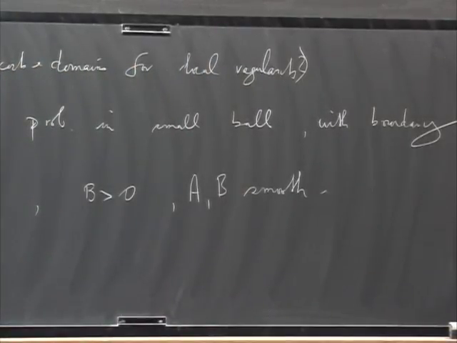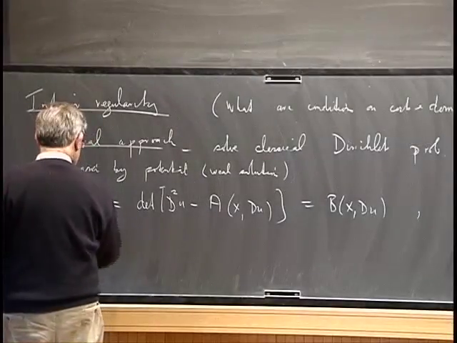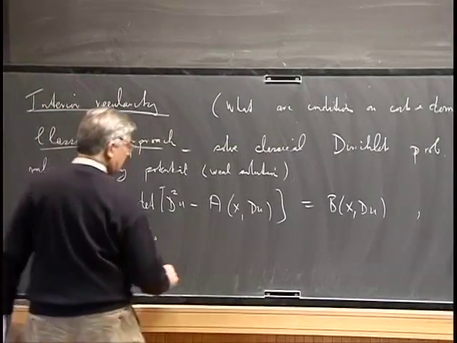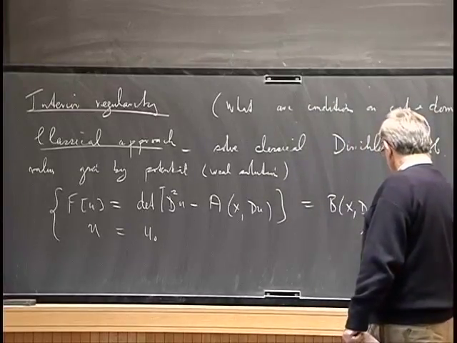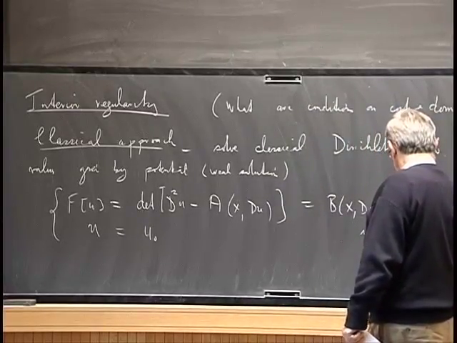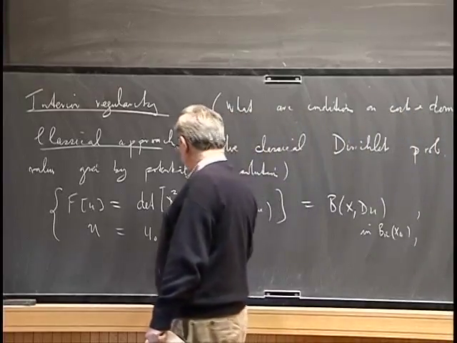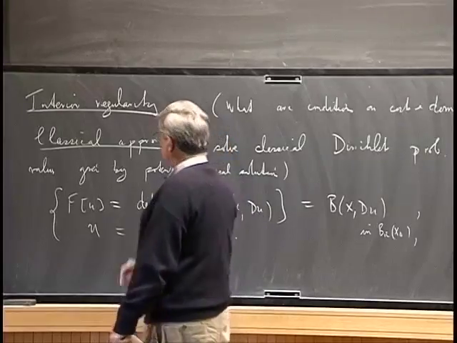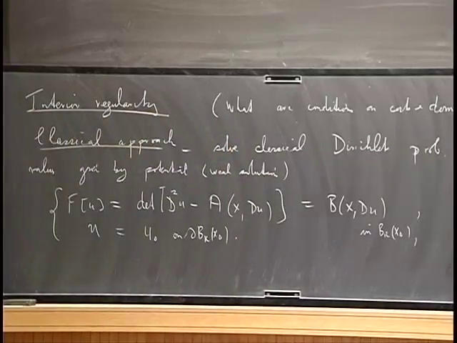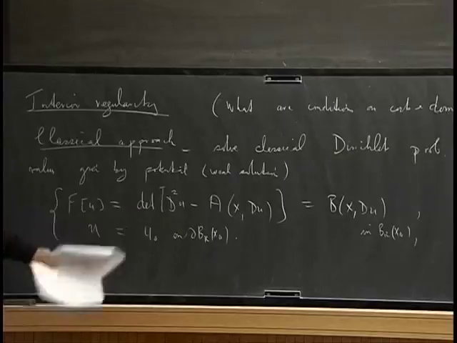Suppose U0 is my potential, and U equals U0 on the boundary of a small ball B_r centered at x0. So I want to consider this type of Dirichlet problem for smooth solutions.